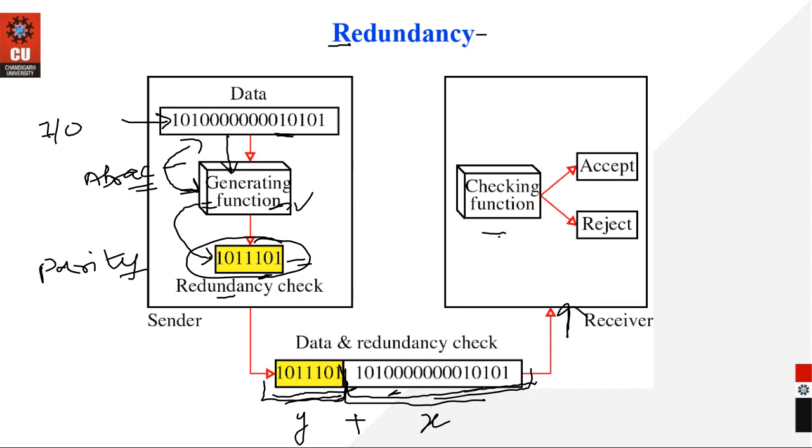It will try to cross check the whole data somehow, right? When it cross checks it, if the received data is as per the line of code or the program written in this checking function, it will accept it. Otherwise it will reject that data. It will not accept it. That way it will come to know what the error is.